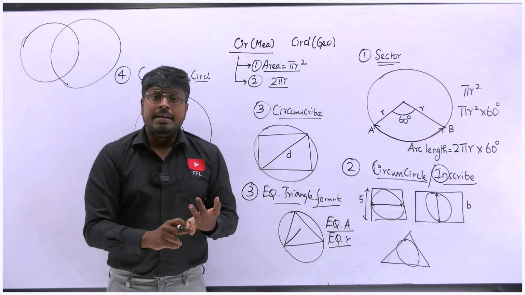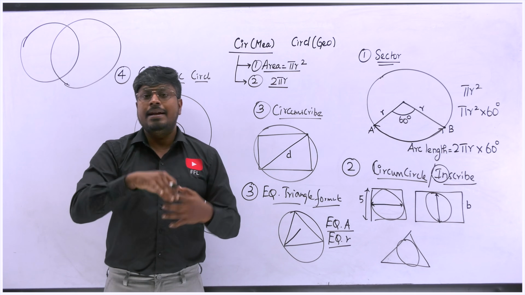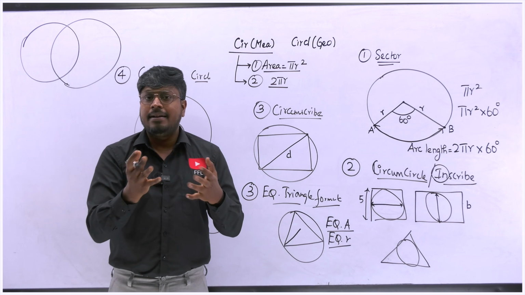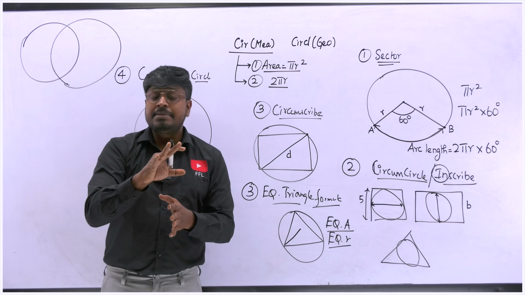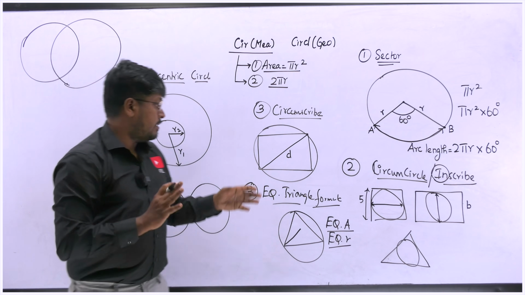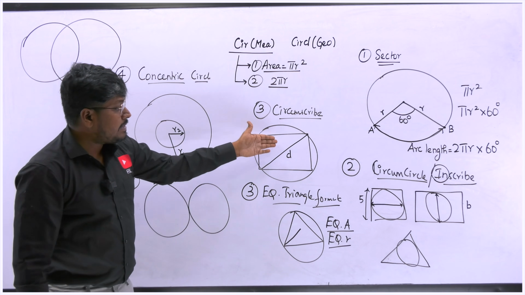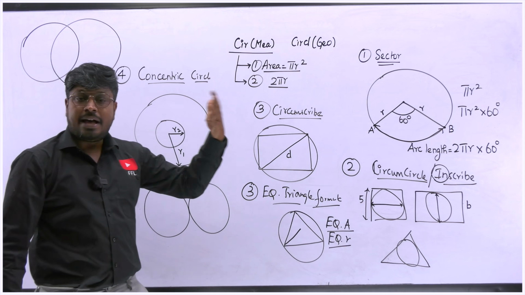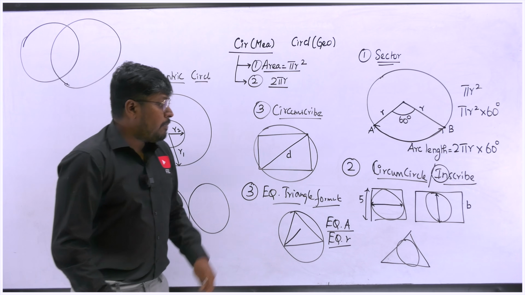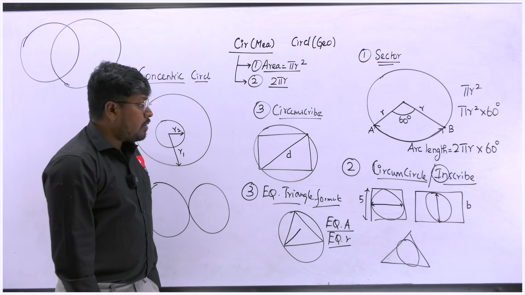Inscribed is nothing but the circle is inside another shape, square, triangle, rectangle, whatever. Circumscribed is nothing but inside a circle there will be some shapes. See, inside a circle we have a square, inside a circle we will have a triangle or rectangle, whatever it may be, right? So based upon that we can solve the questions here.